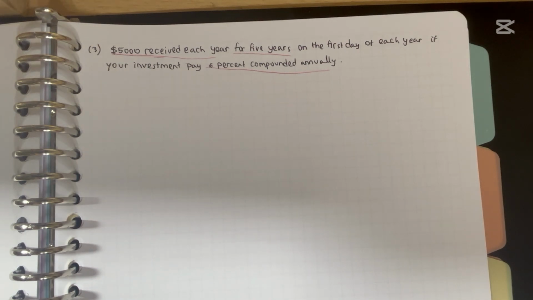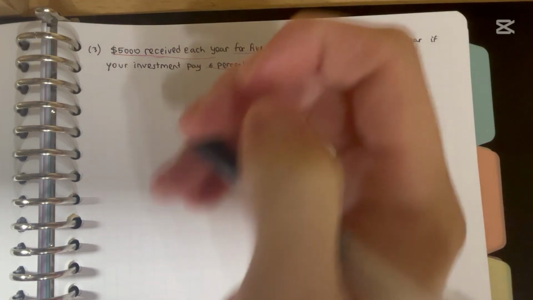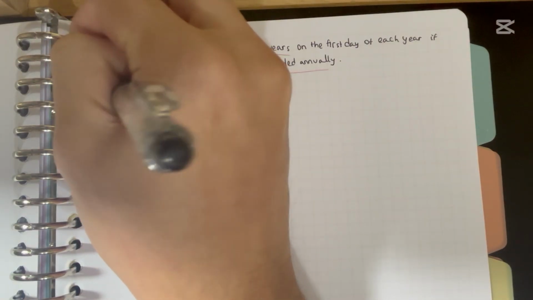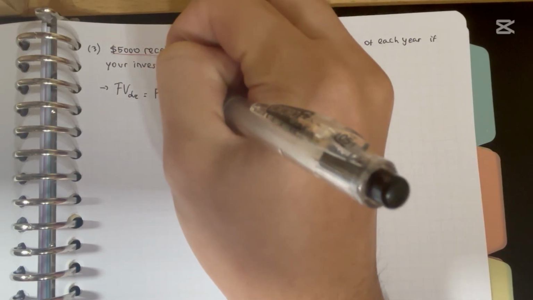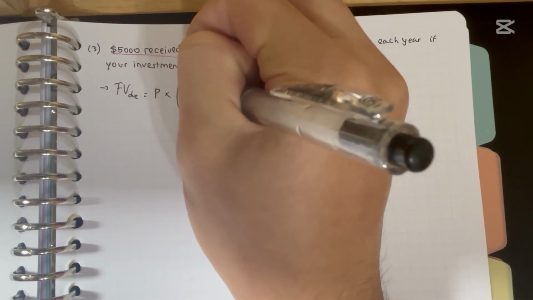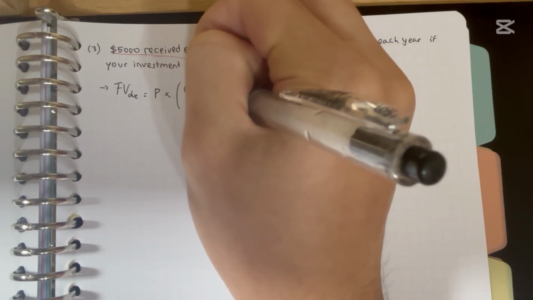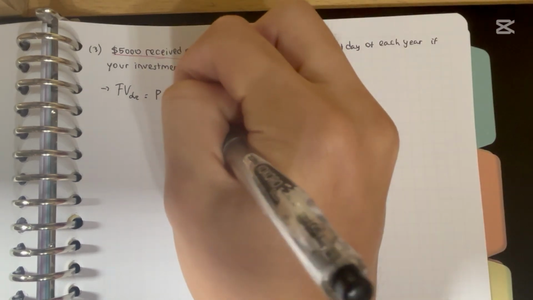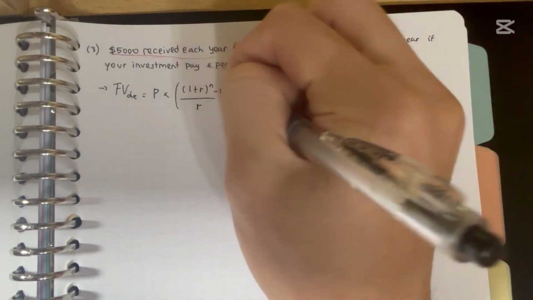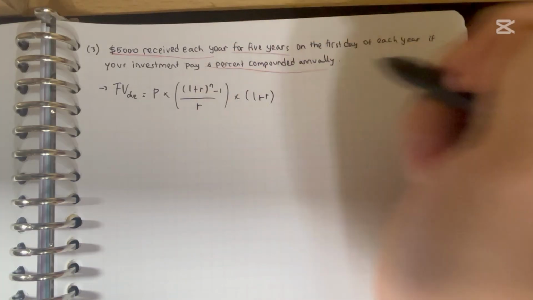Since payments are made at the beginning of each period, we will use the future value of annuity due formula, that is future value due equal to annual payment multiplied by open bracket 1 plus annual interest rate raised to the power of n minus 1, divided by r, multiplied by 1 plus annual interest rate.